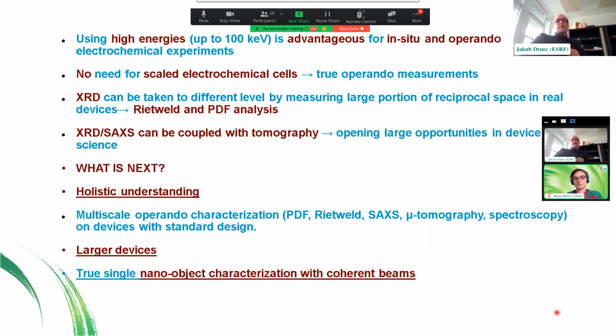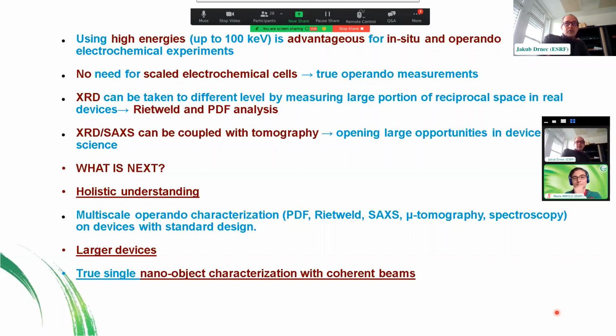XRD can be taken to different levels, so that's something which should always be taken into account, that in XRD there is much more information than people typically analyze. Then the other thing which is good to keep in mind is that we can couple the XRD and SAXS and in general elastic scattering with tomography, which opens large opportunities if you want to understand spatial distributions and spatial phenomena.